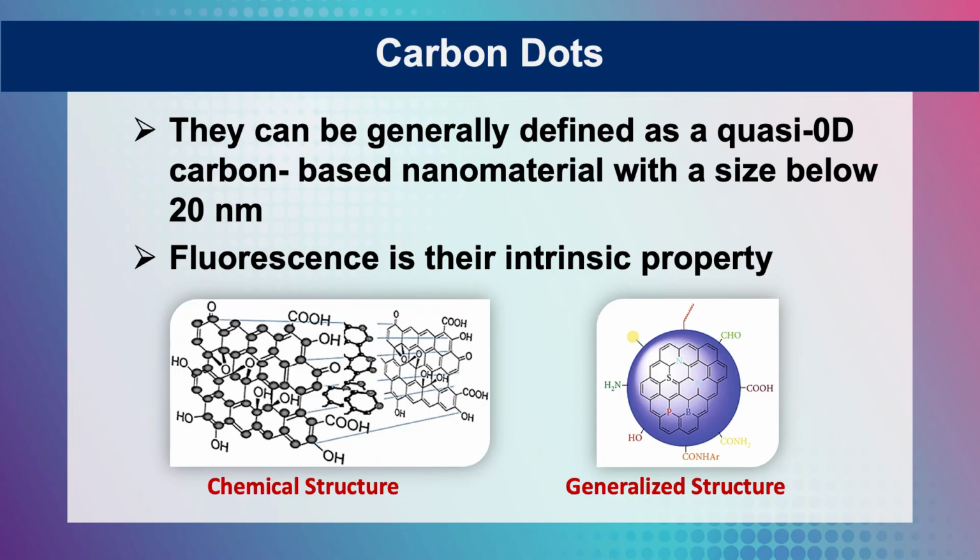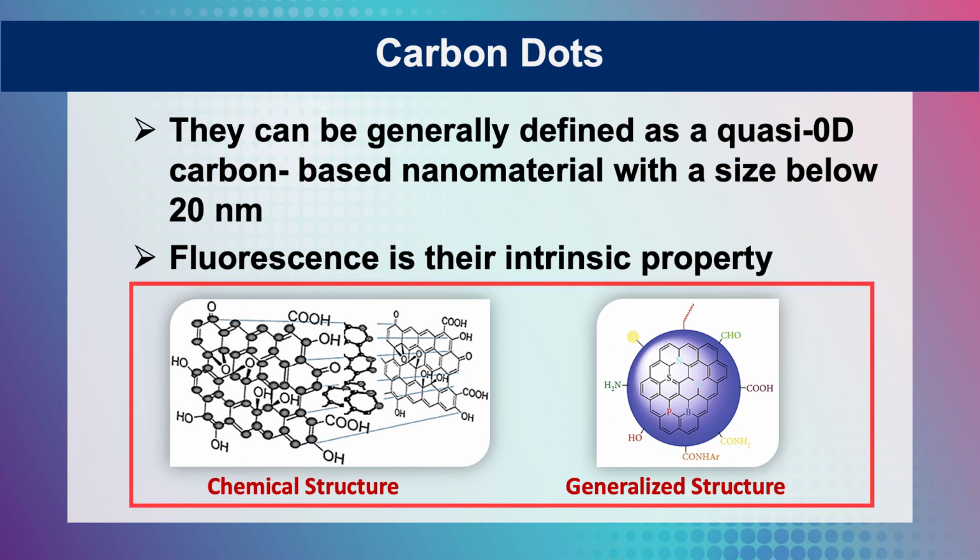This is the chemical structure of the carbon dot, and this is the illustration of the carbon dot. These carbon dots are associated with fluorescence. Carbon dots are carbon nanoparticles. These are important features of the carbon-based nanomaterial carbon dot.